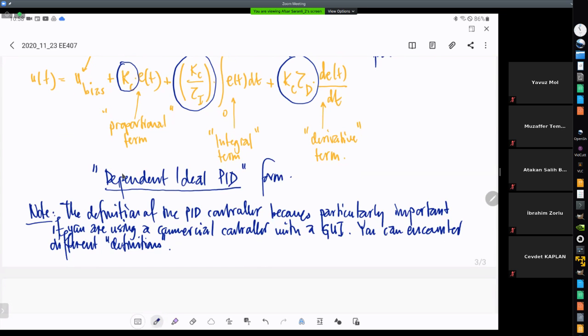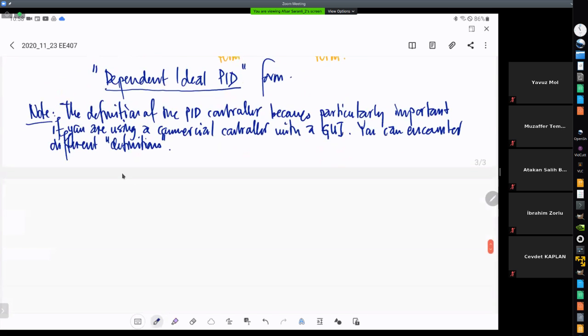What is changing is only the names of the parameters and how they enter this equation. Okay? So we have defined this so-called dependent ideal PID. What is above? We have other definitions that you might hear or come across.